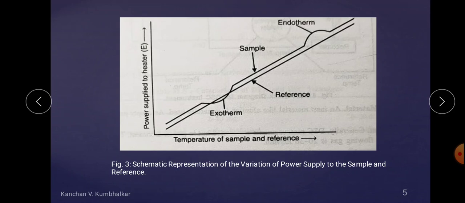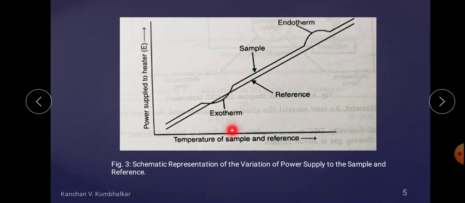In this area, the reference and sample require the same amount of power supply, so the power supply to the heater is common to both. But at this temperature the reaction starts, that is, an exothermic reaction has started. When the exothermic reaction starts in the sample, the power supply to the heater is reduced, which indicates that something has happened in the sample, and this indicates the exotherm.